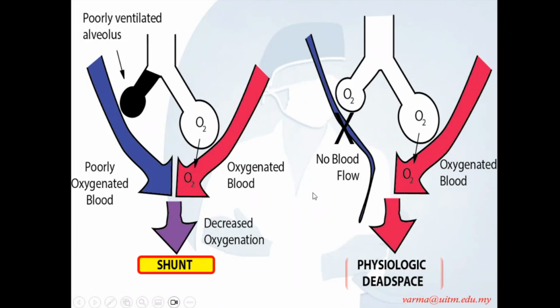Whereas dead space is when you have an alveolus being ventilated but there is no blood flow. Here the problem is ventilation. Here the problem is perfusion. That is the difference. Dead space means a problem with perfusion, whereas shunt means a problem with ventilation.